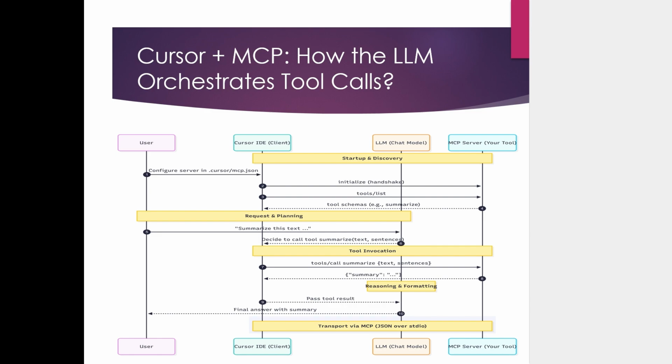Once the tool call is performed with the inputs identified, the reasoning and formatting happens by the LLM, and the response is passed to the LLM again. Finally, the transport via MCP, the JSON over stdio, happens, and the response is returned to the user in a well formatted manner.